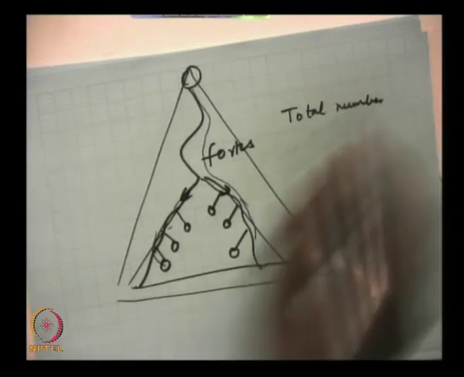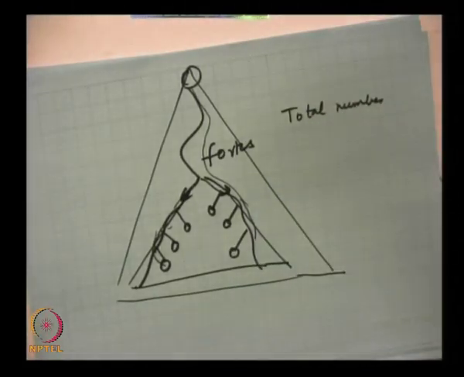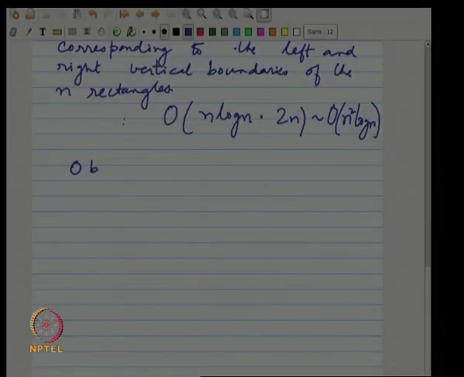So, one observation is that this structure, these are called interval trees. Observation over interval trees: whatever I drew corresponding to the intervals is called an interval tree.